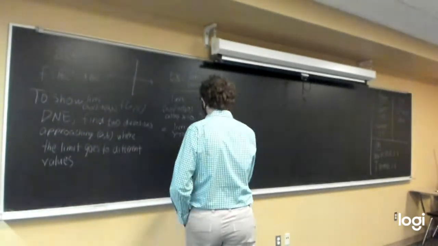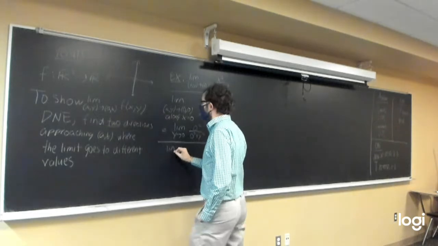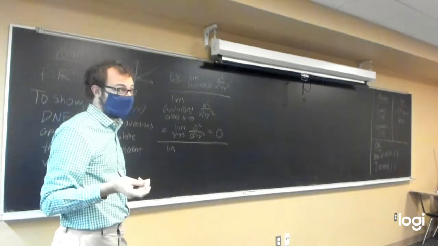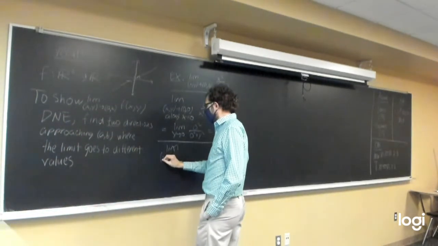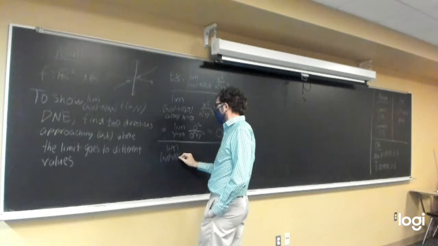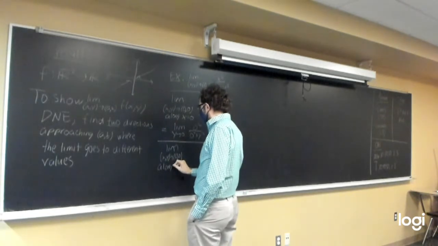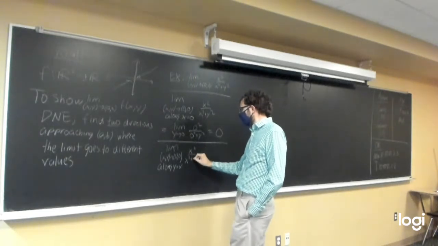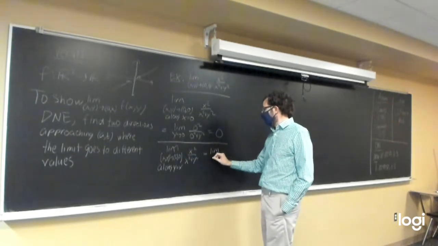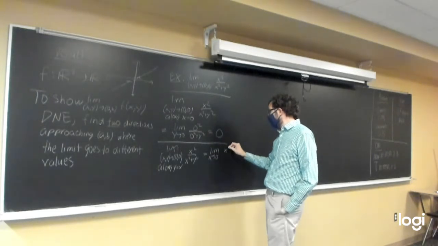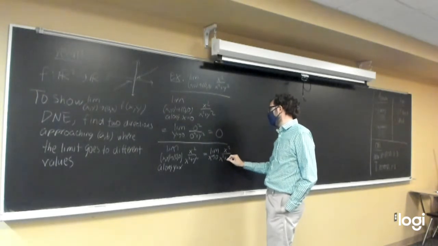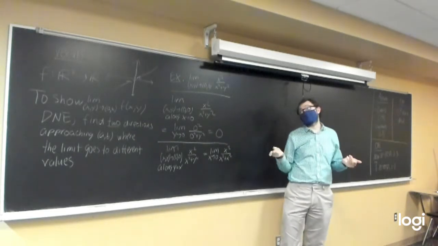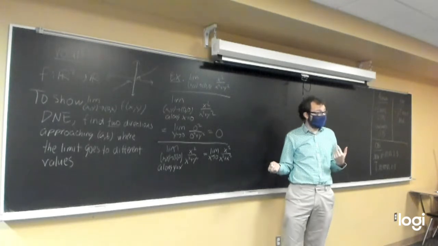Whereas on the other hand, if we were to take a limit along a different direction, say along the line y equals x, which is another path that approaches the origin, what we would get is a limit as (x,y) approaches (0,0) along y equals x of this expression, which would give us a limit as x goes to 0 of x squared over x squared plus x squared, where we've just replaced our y's with x's, because along the line y equals x, the y's and x's should be equal.